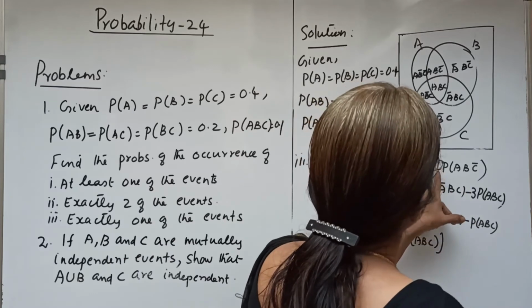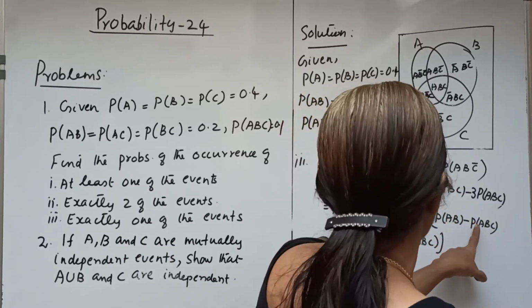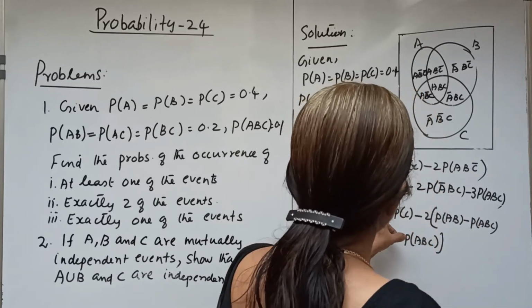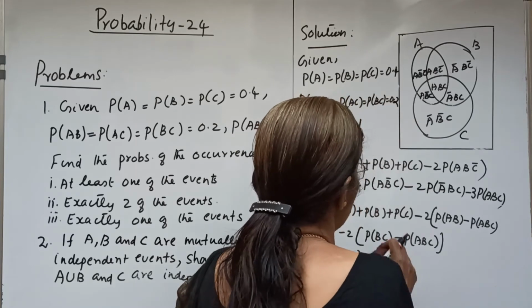Yes, right. This is minus 2 into P of A B minus P of A B C, minus 2 into P of A C minus P of A B C. Yes, right.